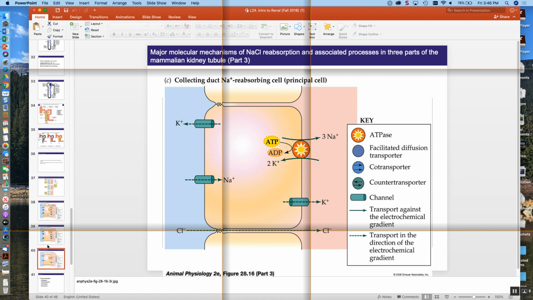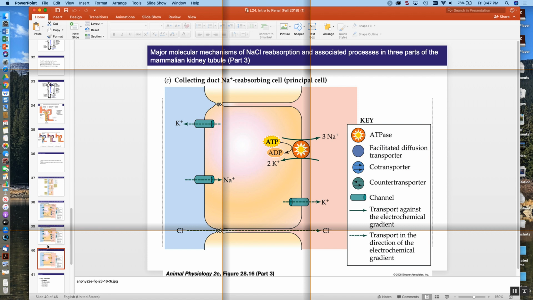Okay? So aldosterone is a steroid hormone that can easily pass across the plasma membrane, enter right into the nucleus, and what it does is it promotes protein synthesis of ENaC channels. ENaC. I'll just put it over here because it's part of the collecting duct. ENaC, epithelial sodium channel.